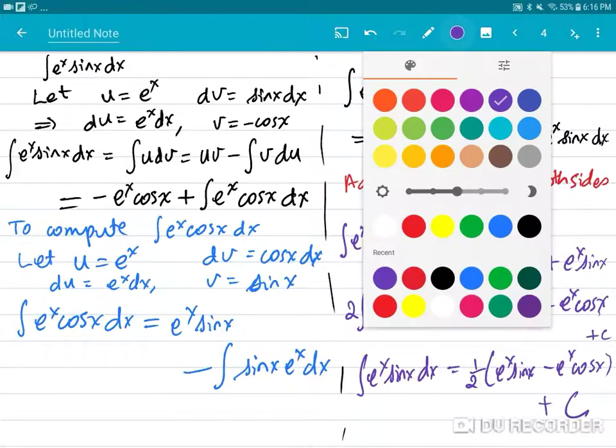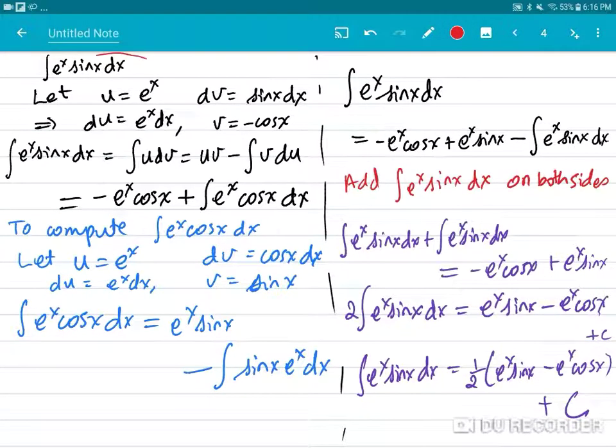Let me recap just quickly, okay? I started out with e to the x sine x to integrate. So I tried to use u dv, integration by parts. So I have u and dv. When you multiply them, it gives you e to the x sine x. So I'm okay there. Differentiate u and find v by anti-differentiating dv.